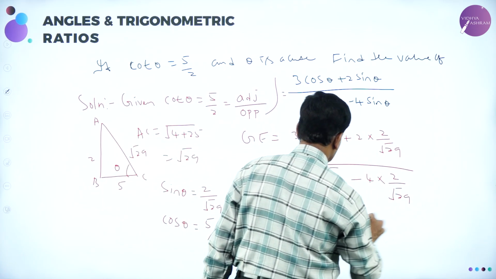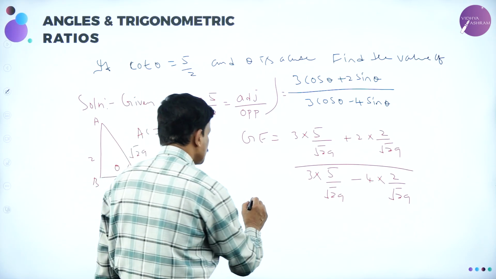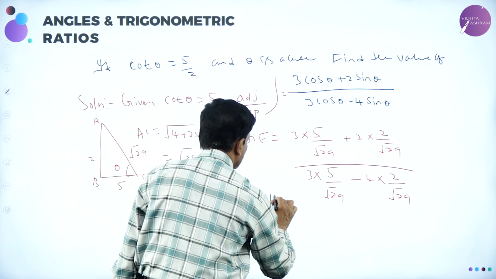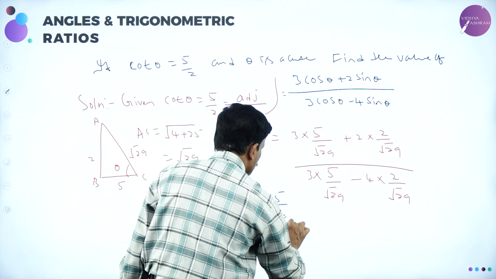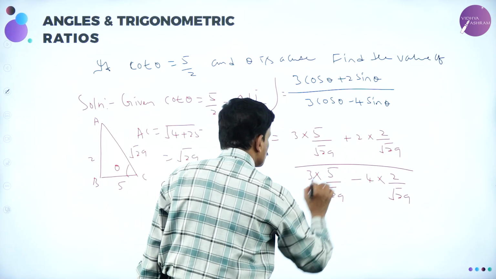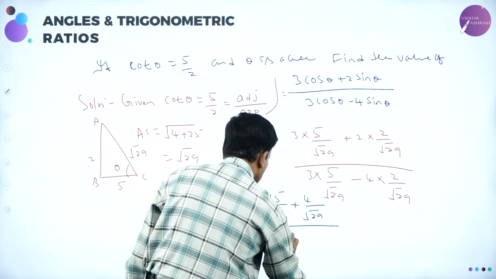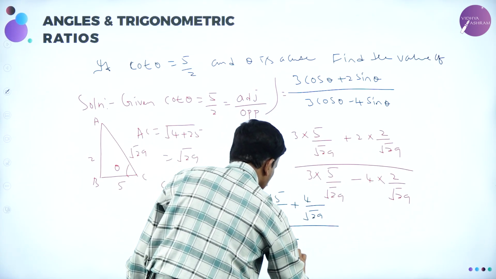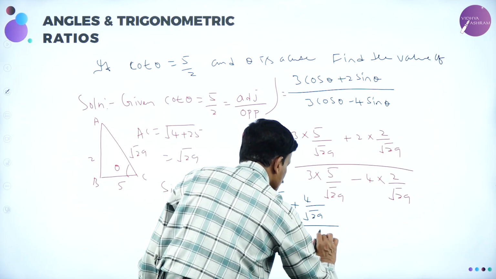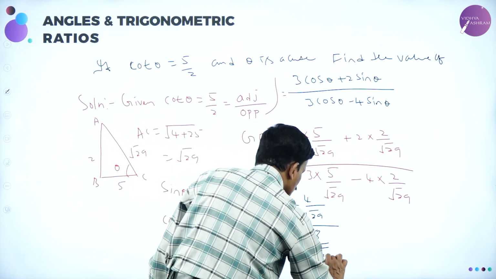Now take LCM and simplify. This is equal to, in the numerator, 5 3s are 15 divided by root 29, plus 2 into 2 is 4 divided by root 29, whole divided by 5 3s are 15 divided by root 29 minus 4 2s are 8 divided by root 29.